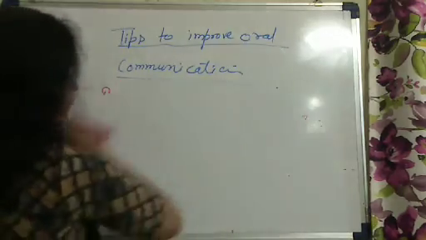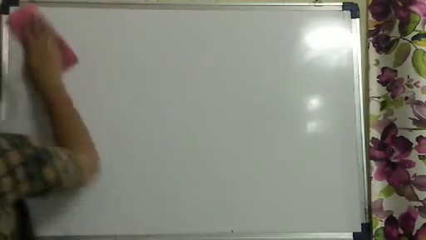Now, let us see the points of written communication. Written communication is what? What we are expressing through oral communication, when we present that speech in the form of writing, that is written communication.